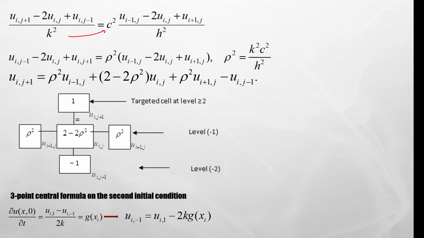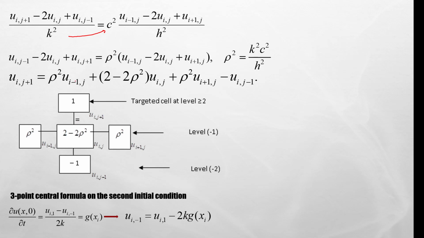So u_{i,j-1}, you bring to right hand side, it becomes minus u_{i,j-1}. So you see u_{i,j-1}, the coefficient is negative 1. u_{i,j+1}, the coefficient is 1 time. And then that's why 1 time of u_{i,j+1} is equal to, and here you expand it.